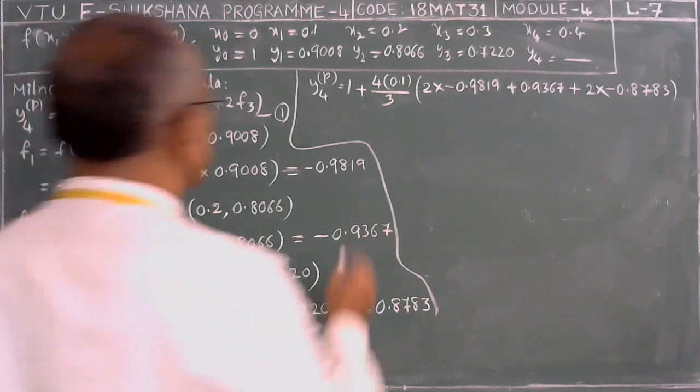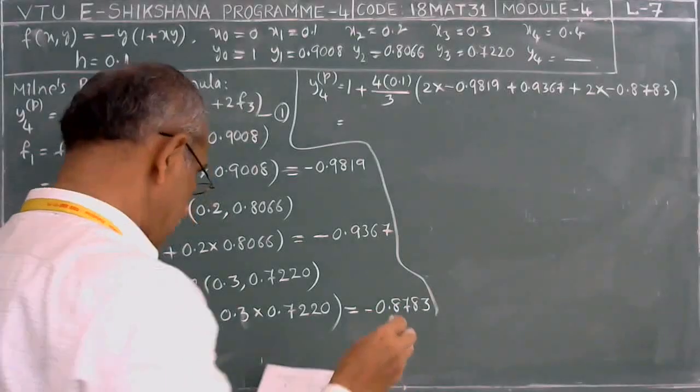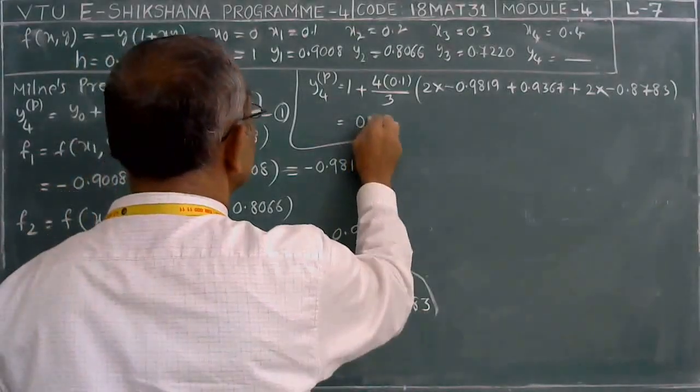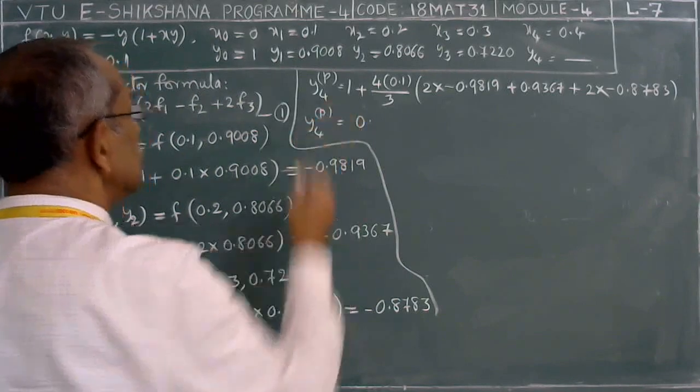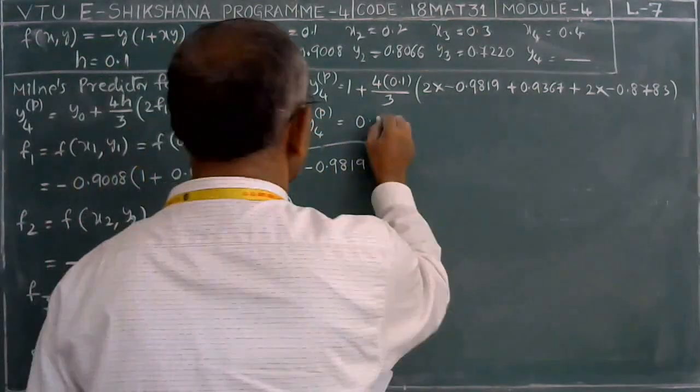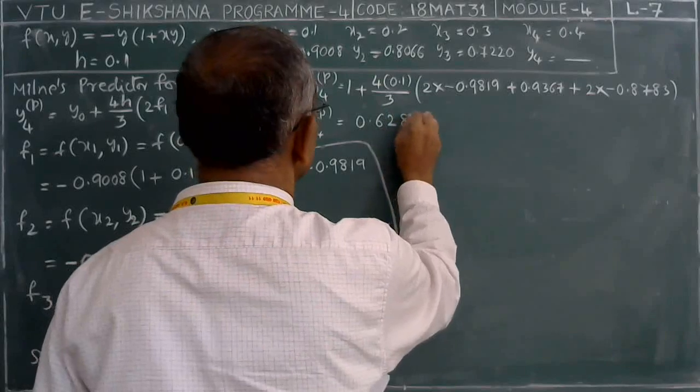If you calculate carefully, you get y4p equal to 0.6288.